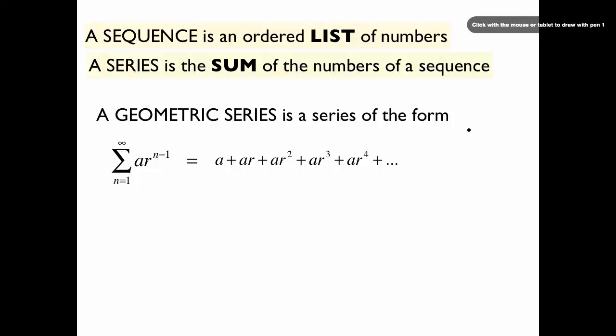It's basically like the sequence p to the n. And when did the p to the n converge? When p is greater than negative 1 and less than 1, between negative 1 and 1.